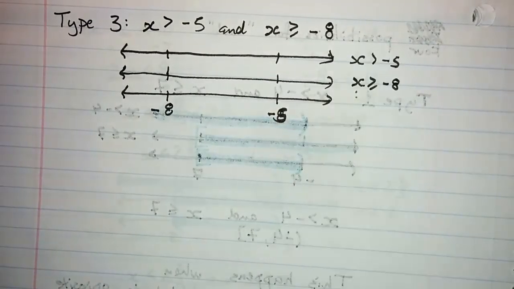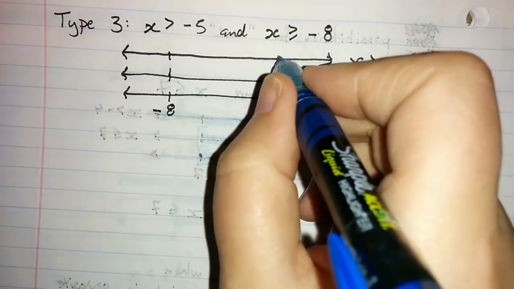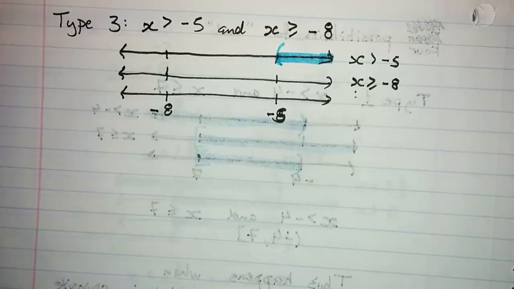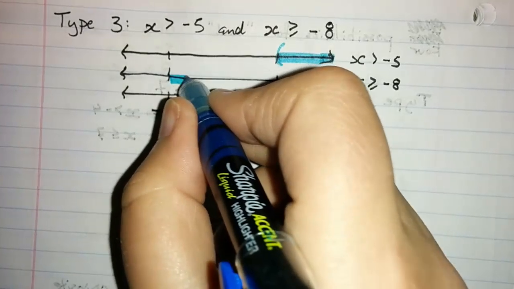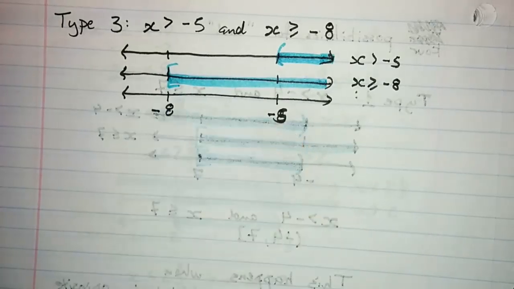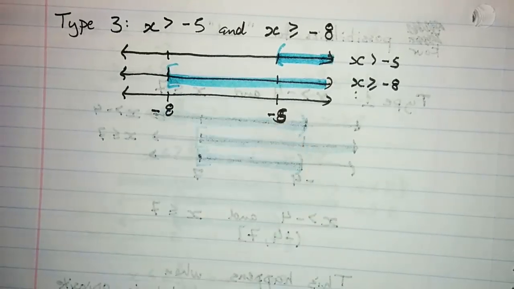So what do these graphs look like? Here's x is greater than -5. He gets a round bracket. X is greater than or equal to -8. He gets a square bracket.